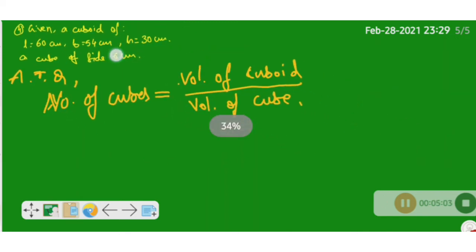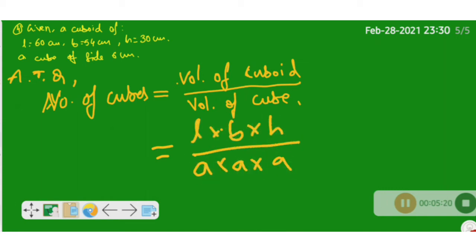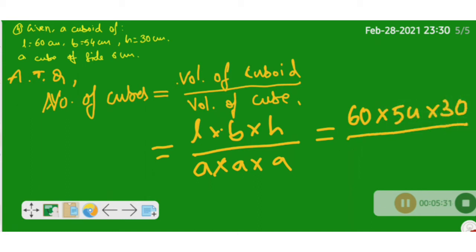So here we know volume of cuboid is length into breadth into height. So L into B into H, and volume of cube is A into A into A, that is side cube. Okay. So if you substitute the values here, 60 into 54 into 30 by 6 into 6 into 6, do the cancellation.